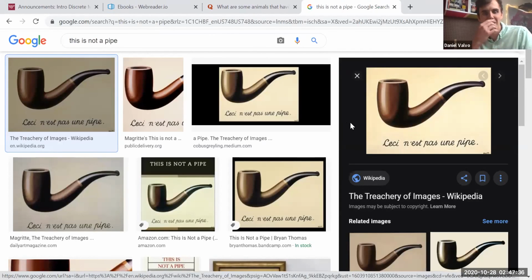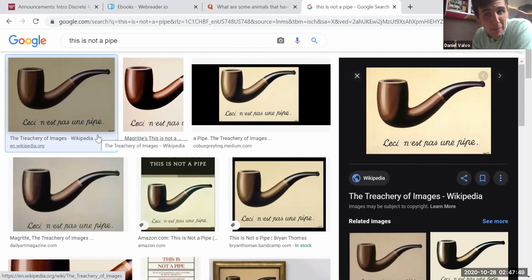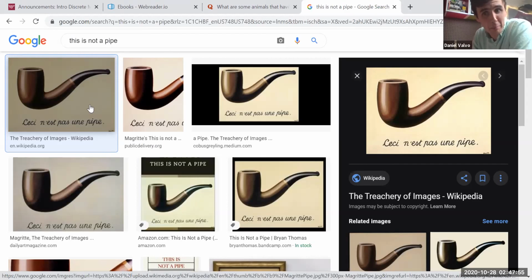Has anyone seen this? It's a cool little painting, and it says, "Ceci n'est pas une pipe," which means this is not a pipe in French. The point the guy was trying to get across is that this is not a pipe. It's a painting of a pipe, right?